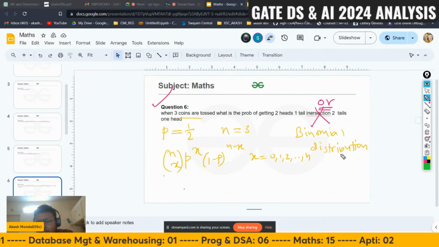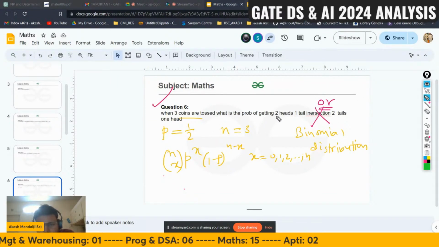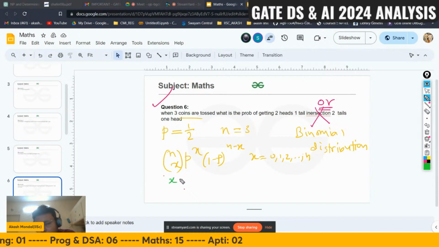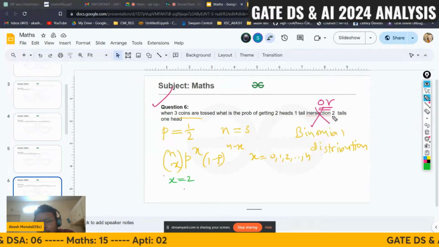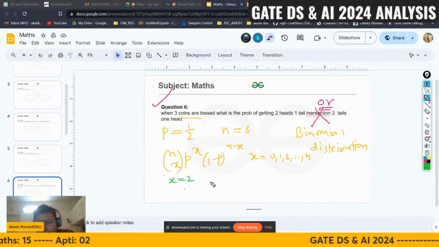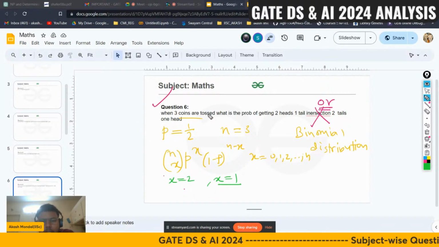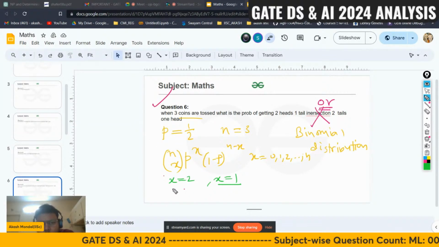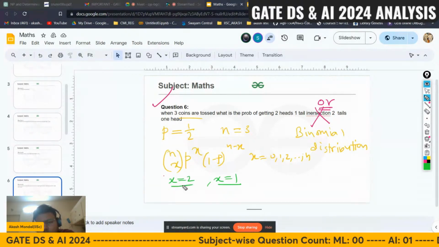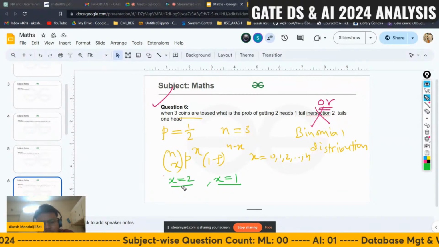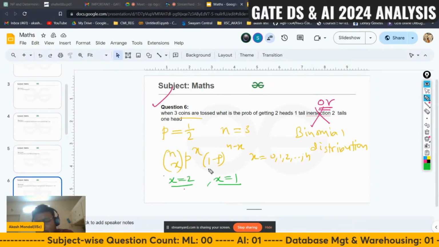Now they are asking probability of getting 2 heads, so first you need to substitute x equals 2, and then 2 tails, 1 head, that means x equals 1. 1 head means x equals 1, and 2 heads means x equals 2. You just need to substitute the values and you can easily solve it.